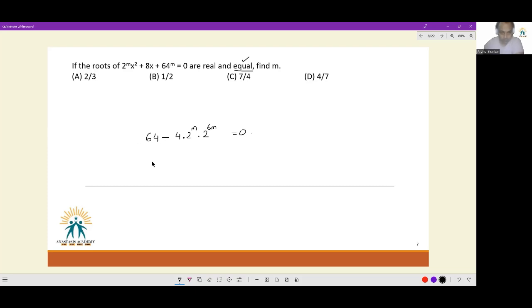So, 2 raised to the power 6 minus 2 raised to 2 plus n plus 6n, which is 2 plus 7n, is equal to 0, which would mean 2 plus 7n is equal to 6, or 7n is equal to 4, or n is equal to 4 by 7. So the correct answer for this question will be option D.